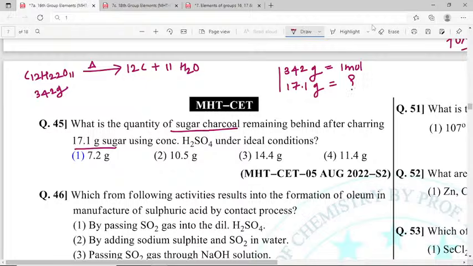This is half of 0.5, so it is 0.05 mole.